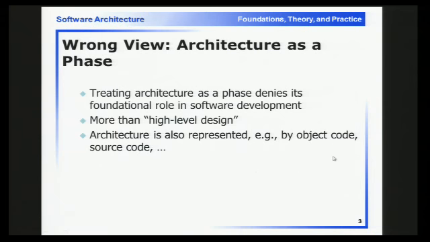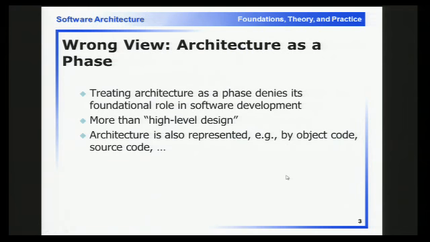Architecture is also represented by different kinds of things. It can be represented starting from the use case descriptions, to understand how the software system interacts with the external world, and what the major functionality and expected behaviors of the system are.